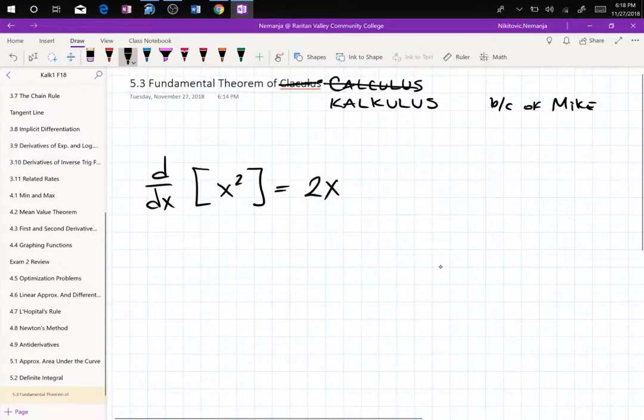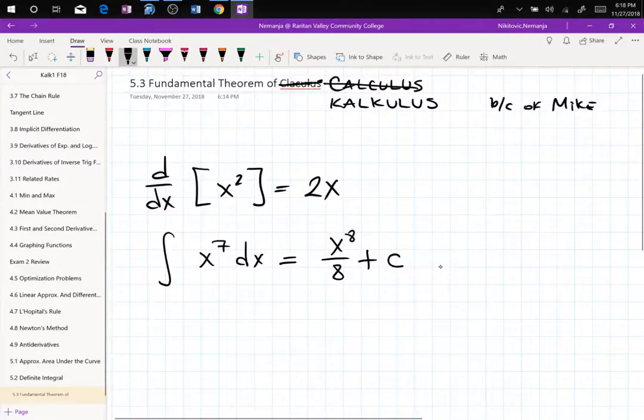A different operator would be the integral operator that will take, let's say, x to the 7 dx and change it into x to the 8 over 8 plus c. So the function on the left and the function on the right are not the same function, right? In the first case, you have a quadratic, and then you have a linear. In the second case, you have two polynomials, but one is of order 7, the other one is of order 8.